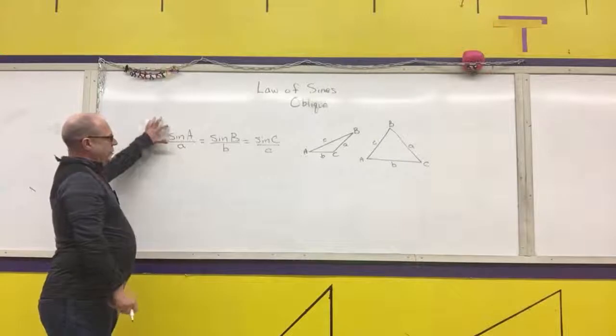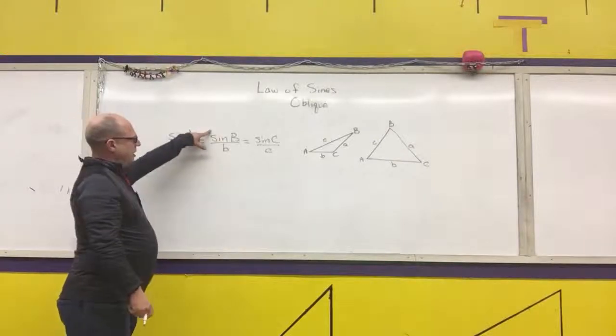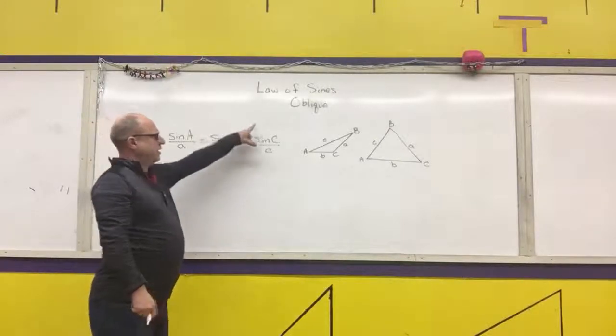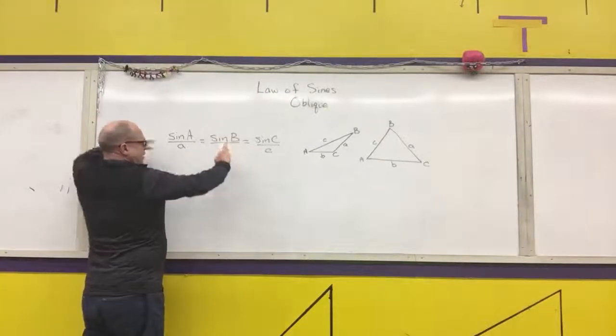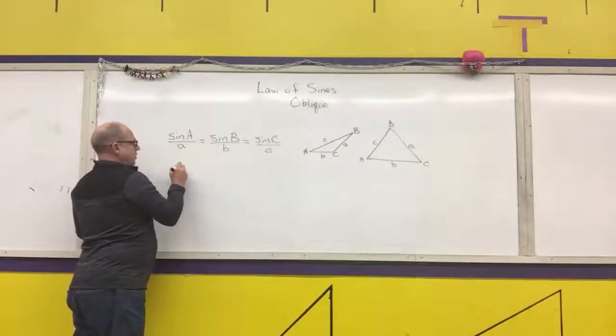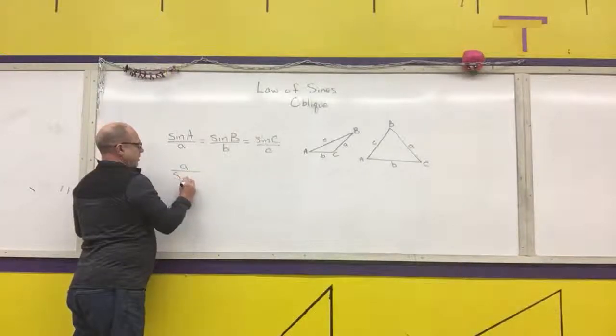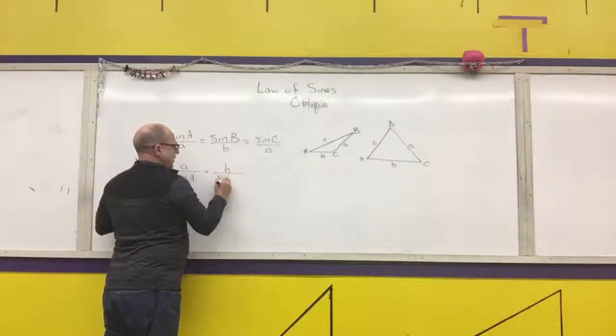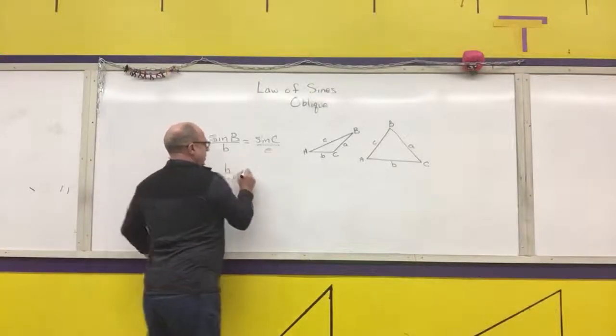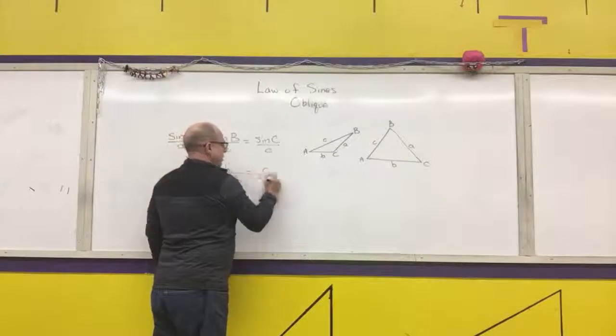So the sine A over the length of A equals the sine of B over the length of B equals the sine of C over the length of C. And because this is a proportion, I can flip all parts over. So I can get A over the sine of A is equal to B over the sine of B, which is equal to C over the sine of C.